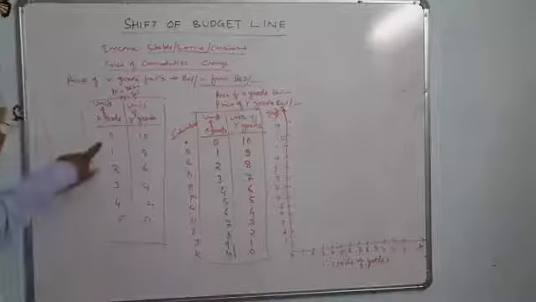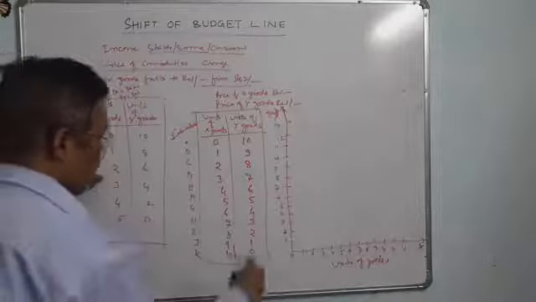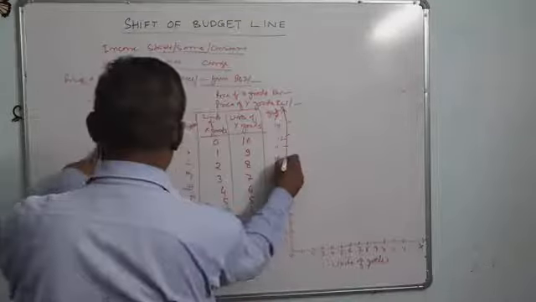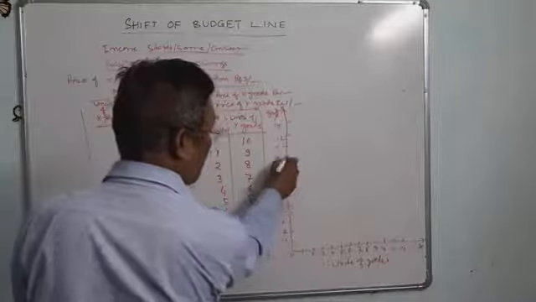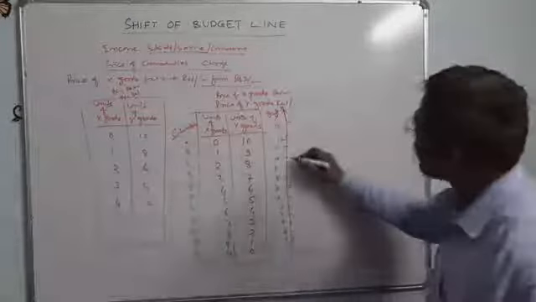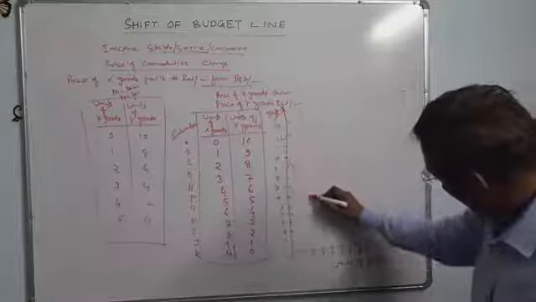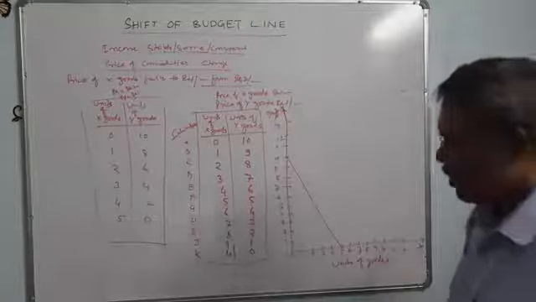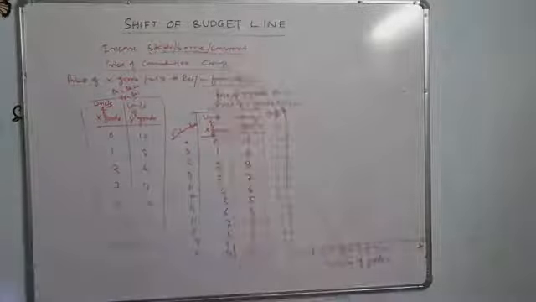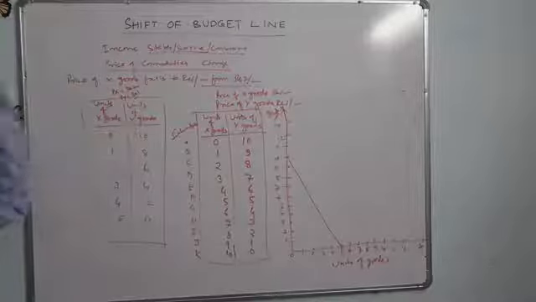So it's your first normal case, 0, 10 and 5, 0, when the price of X goods is rupees 2 and the price of Y goods is rupee 1.